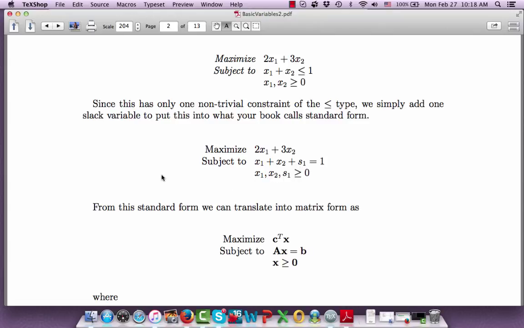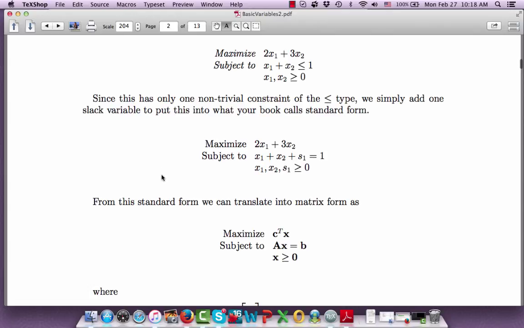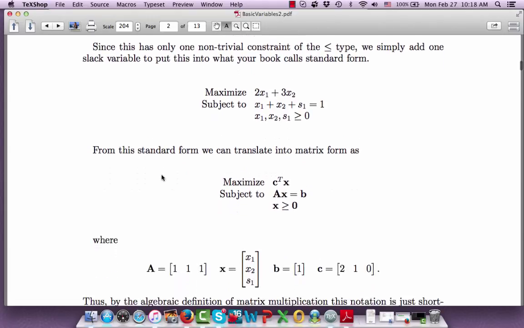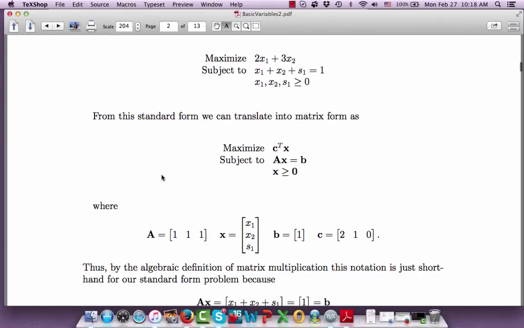And then something I'm not concerned with is this matrix form that the book is talking about, where you actually put everything into matrices and vectors. It's kind of standard notation when you're using matrices and vectors to use some kind of notation like boldface, for example. But this problem translates into that notation as follows.